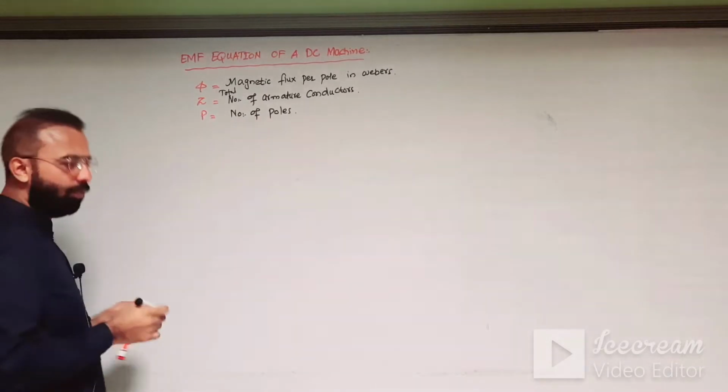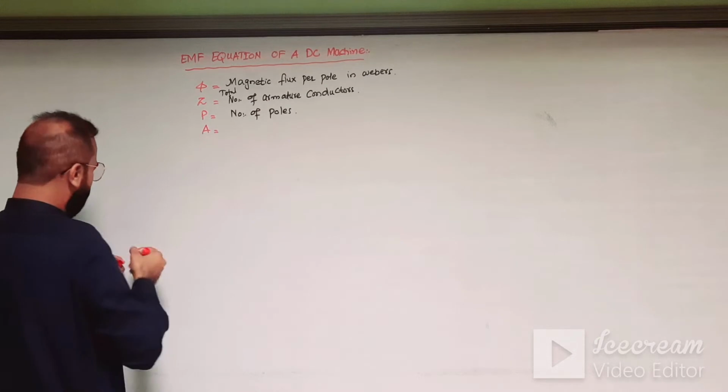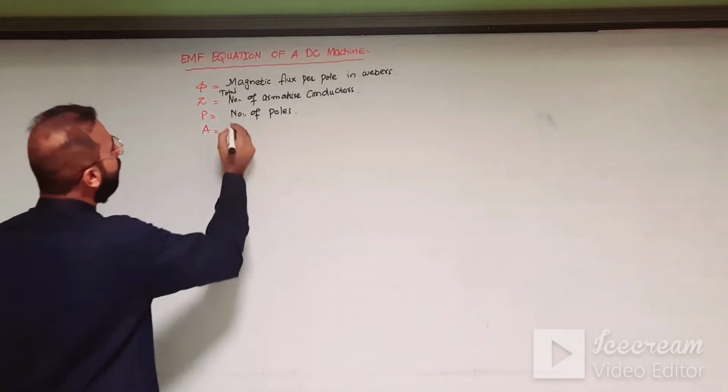P is the number of poles, and then A is the number of parallel paths.